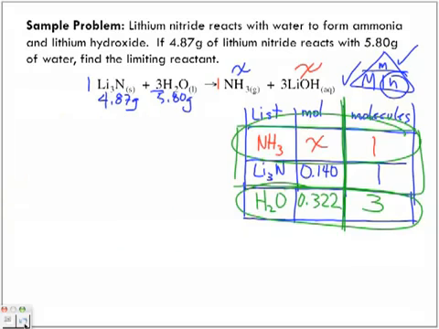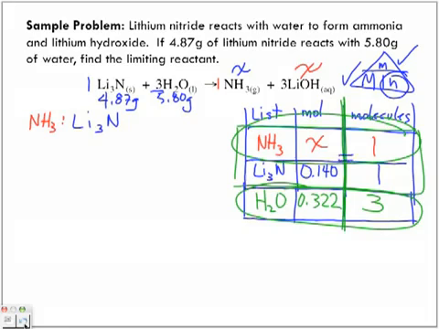What we're going to do now is compare the ratio of ammonia to lithium nitride. Remember what we said? The separation, we treat it as if they're equal.